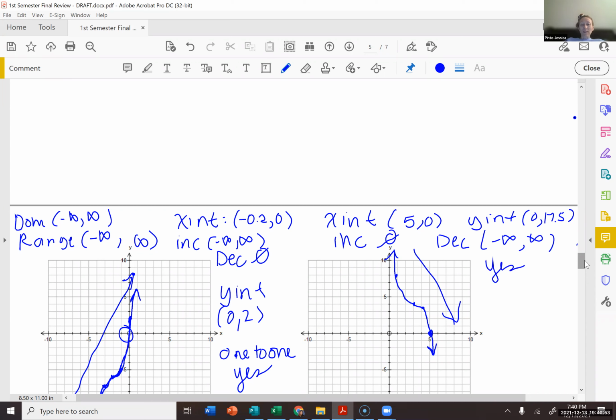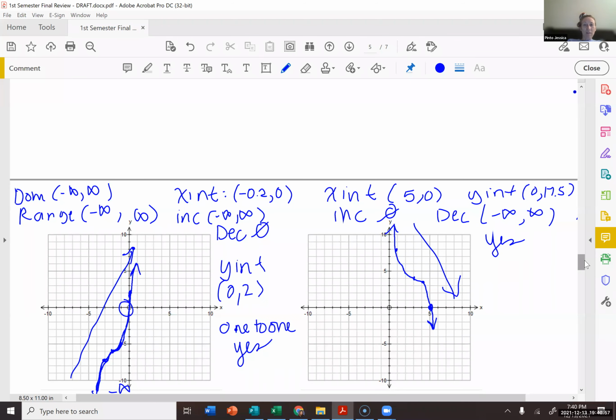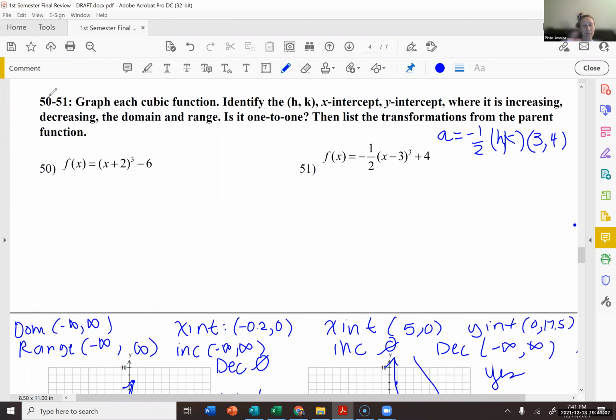Now, what about listing the transformations? I didn't remember to do that for these. So let's do the transformations now. I can actually do the transformations based on the equation, not even the graph.